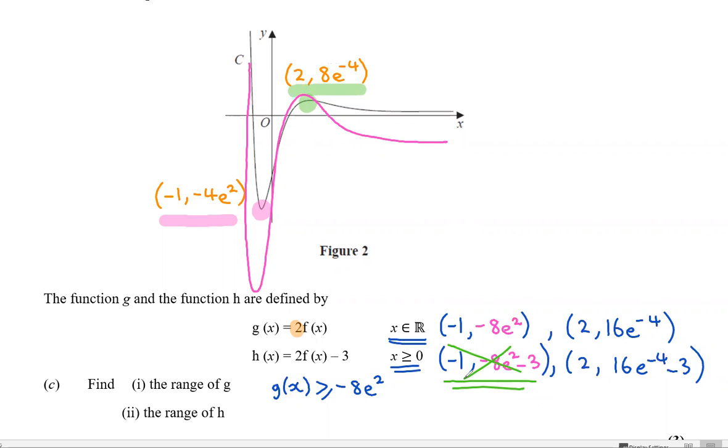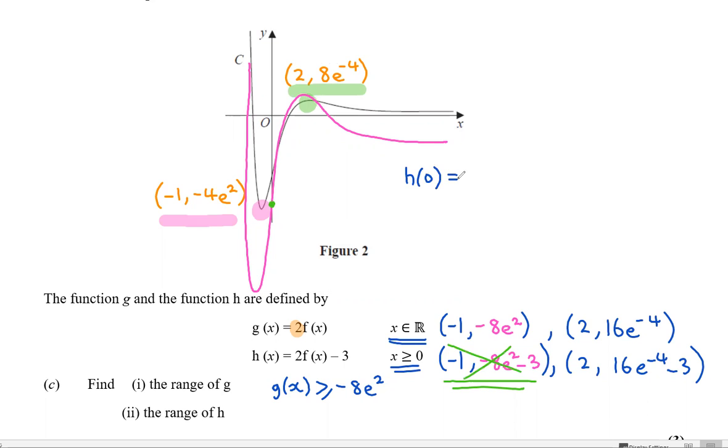Looking at the transformation though, when x is equal to 0, it's going to cut somewhere low down on the y-axis. So if we figure out what that y value is, that will give us an indication of what the range is going to be. So let's look at this in a bit more detail. So when we're considering h, let's have a think about what h of 0 is.